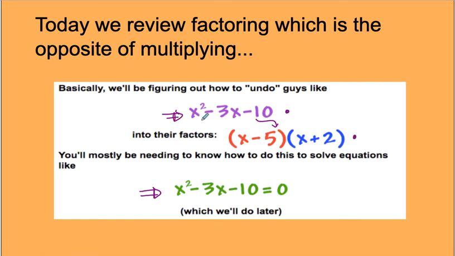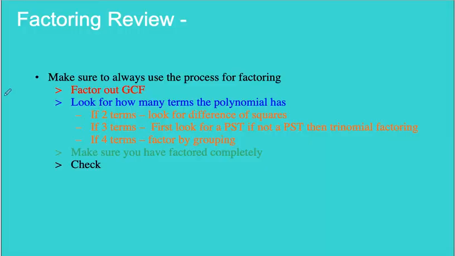All right, so today we're going to talk about factoring, and we're going to look at one special factor pattern. Now, when you learned about factoring, I'm hoping that your teachers gave you a process to follow. They might have used different terminology, but the basics are, step one, you always want to factor out a greatest common factor if there is one. I like to call it GCF, okay?